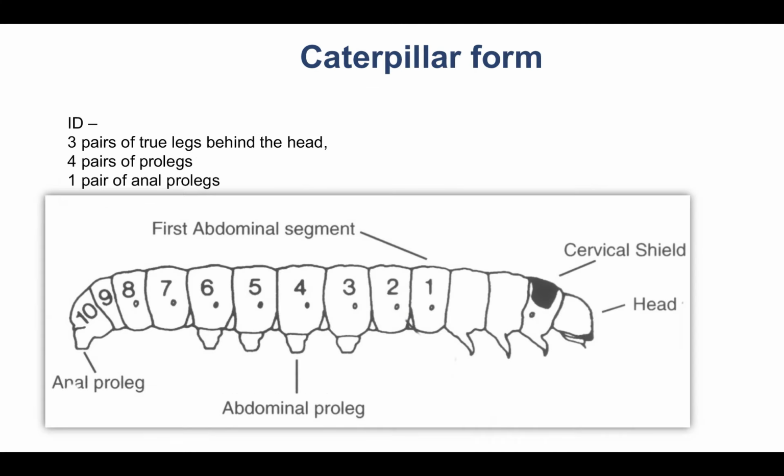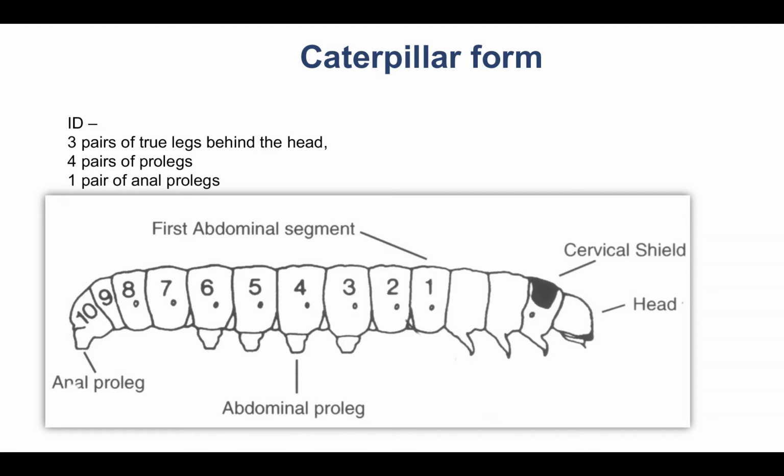Okay, so because some of you went to Dusty's talk and others of you didn't, I'll just very quickly say that all of the pest caterpillars that we have in pulses pretty much have an anal proleg, a leg at the back, a head, 4 prolegs in the middle, and 6 true legs.